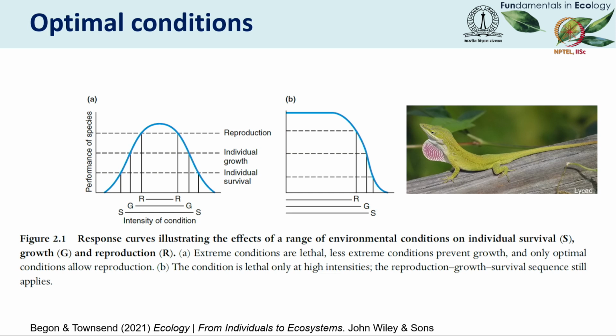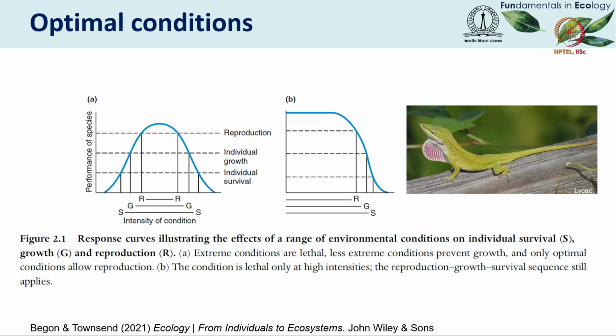The species can grow across some temperature range, but it is smaller than the range in which the species can survive, and the species can reproduce in a certain range of temperatures which is smaller than the range of temperatures in which it can grow and in which it can survive.